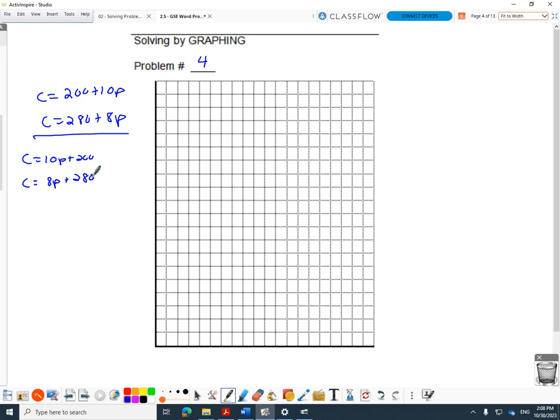Here I go. I see that the start value of the first one is 200. The start value of the second one's 280. I see how many squares I got. 1, 2, 3, 4, 5, 6, 7, 8, 9, 10, 12, 13, 14, 15, 16, 17, 18, 19, 20. And I've got to get up to 200 and 280. What could I go up by? Go up by 20s. I like it. So watch me go up by 20s. Don't copy this down.